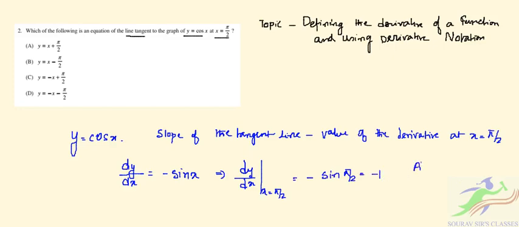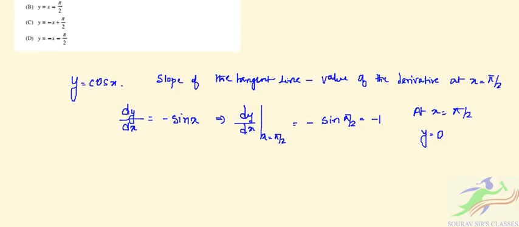At x equal to pi by 2, y equal to cos pi by 2, which is equal to 0. So how do we write the equation?